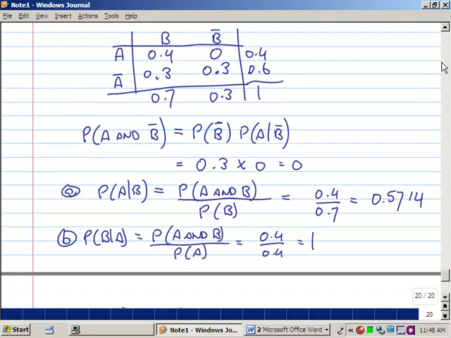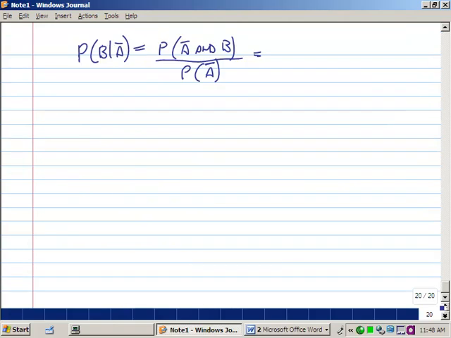A bar and B is 0.3, divided by A bar, which is 0.6. That's a half.